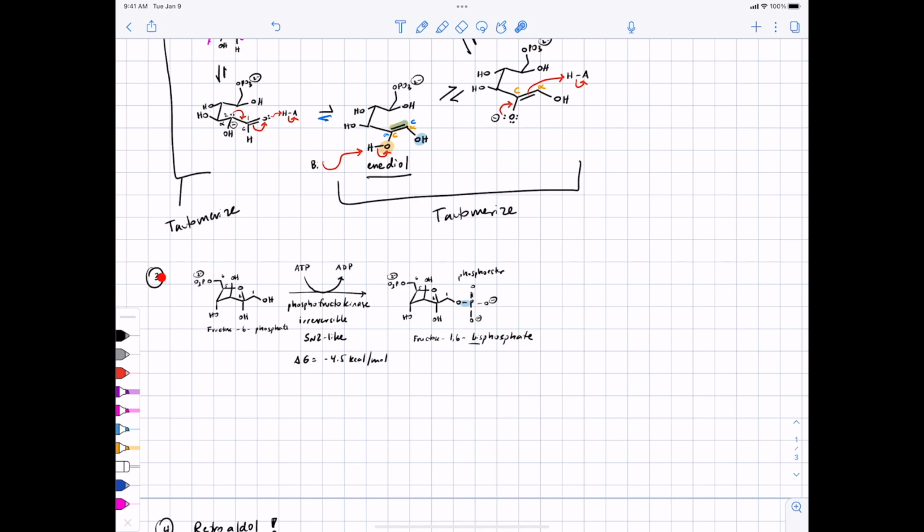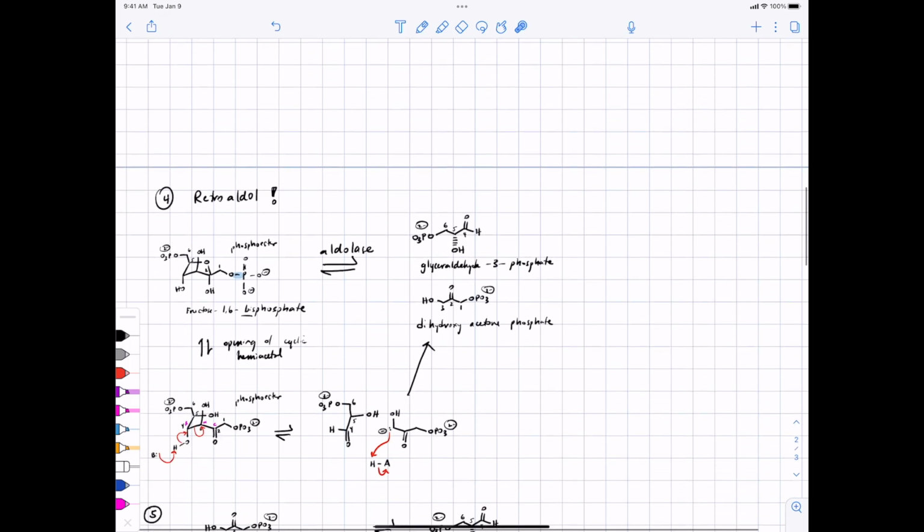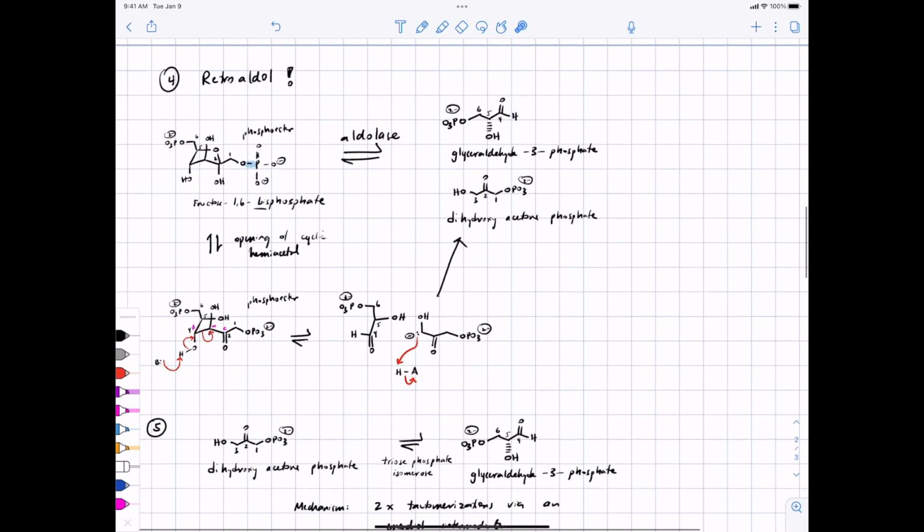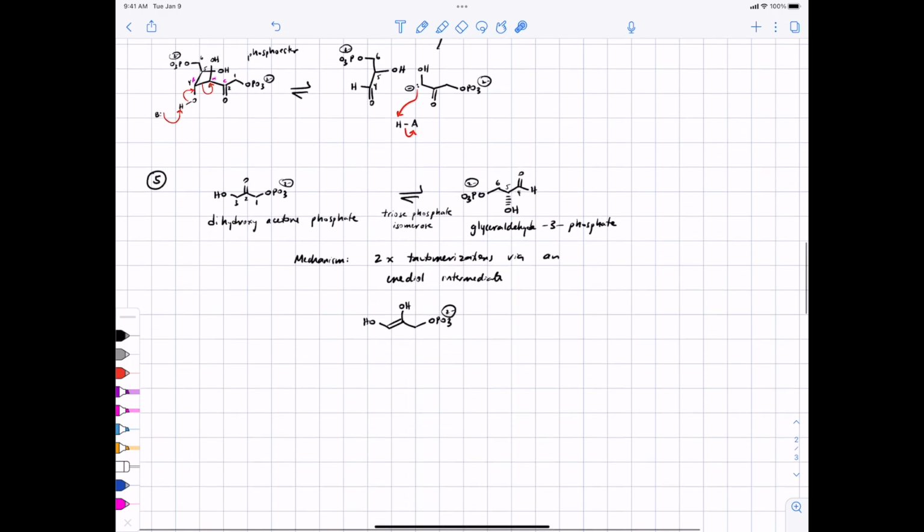Third step, we add another phosphate group to carbon 1. You can see now that the reason we did that was so that after the retroaldol reaction, we had 2 pieces that resembled each other quite closely and are interchangeable simply through 2 tautomerization steps. All right, anything you want to ask about that?